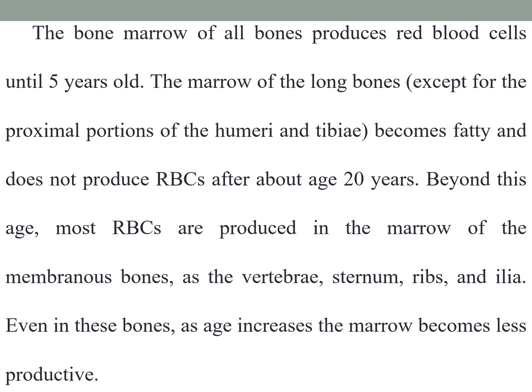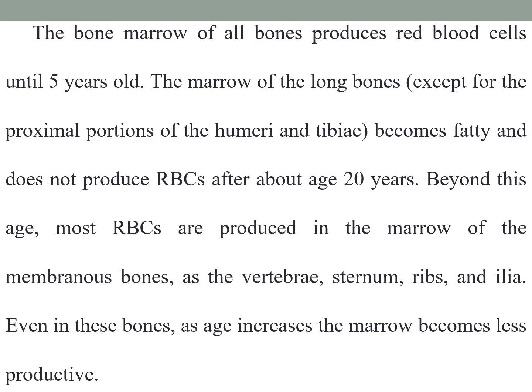Humerus is the arm bone and tibia is the leg bone. Beyond 20 years old, most RBC will be produced in the marrow of the membranous bone.